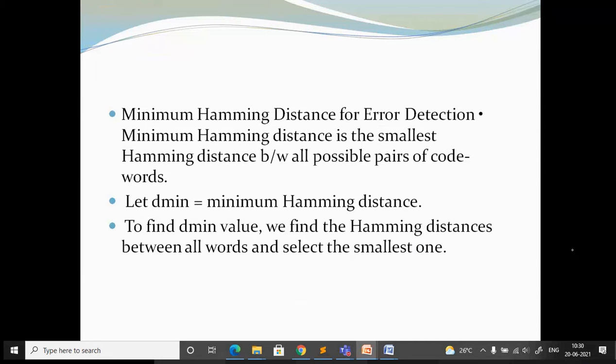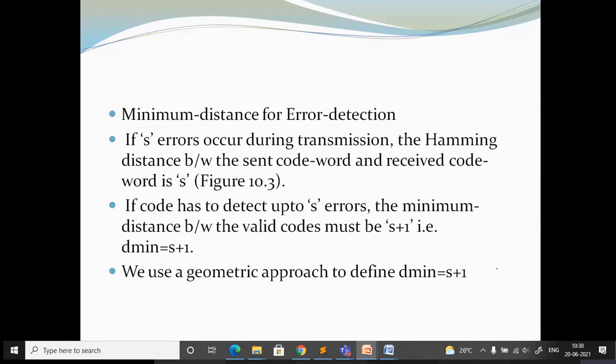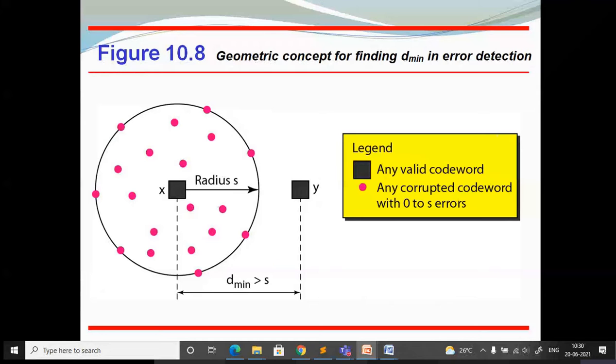Here I have already explained how to calculate the minimum Hamming distance for error detection. This is done, and here there is one small diagram that shows a geometric approach to explain d min. You can just observe.